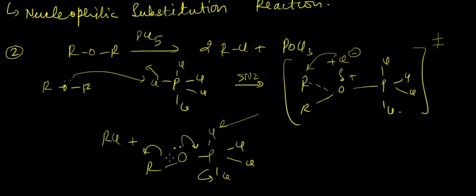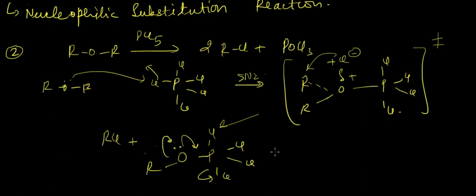So the O will donate its lone pair to form a positive bond, and then this bond will be withdrawn by O to remove its positive charge on itself.